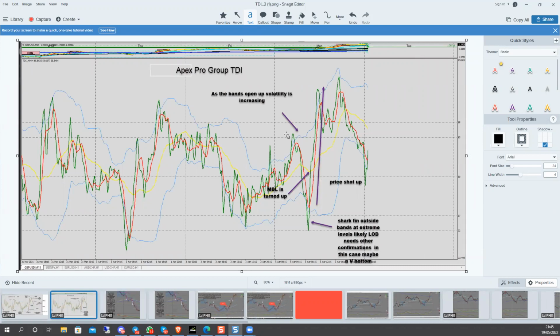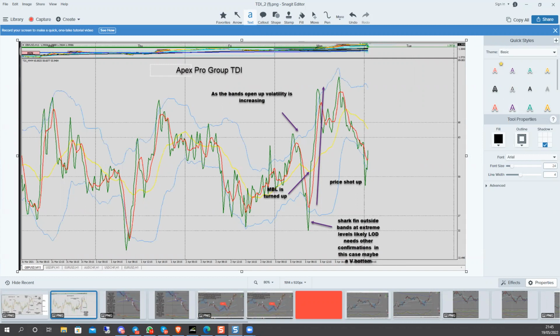So as the bands open up, the volatility is increasing. The NBL is turned up. We had a shark fin outside the bands, likely to be on M15. This one, likely to be the low of the day. Other confirmations, in this case, this could be a V bottom.